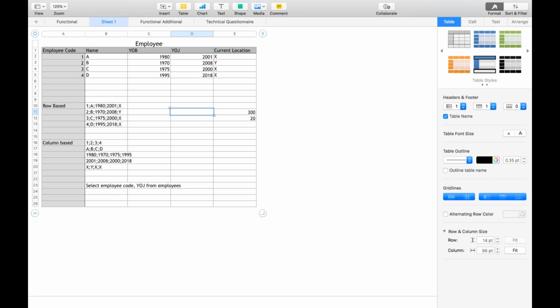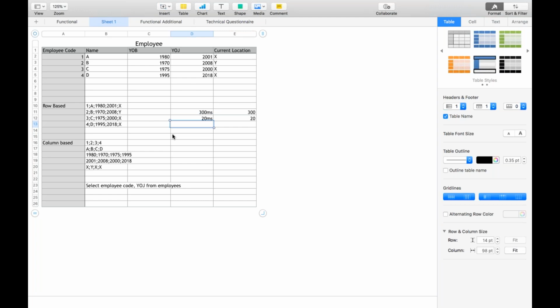It will scan all 300 columns, which means 300 milliseconds. But if I'm storing this data in the column-based form, then it will never go and see how many columns are there in the table. It will only scan those columns which are asked in the report. So it will take only 20 milliseconds. This is another benefit of storing the data in the form of columns.